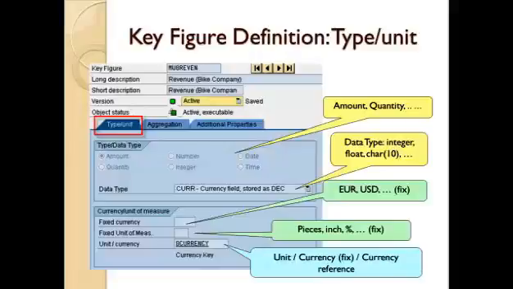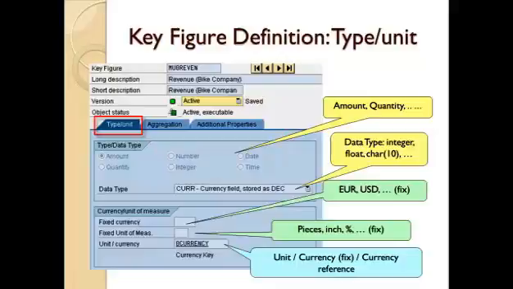Here is a screenshot of the type/unit tab with some examples. For the key figure, we can define one of the 6 different types, such as an amount. But also notice that for each type, there are different data types that we can define.